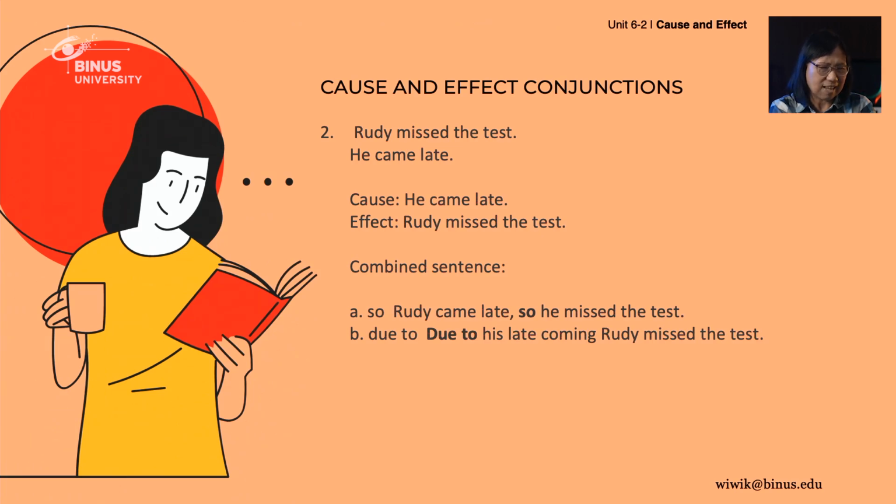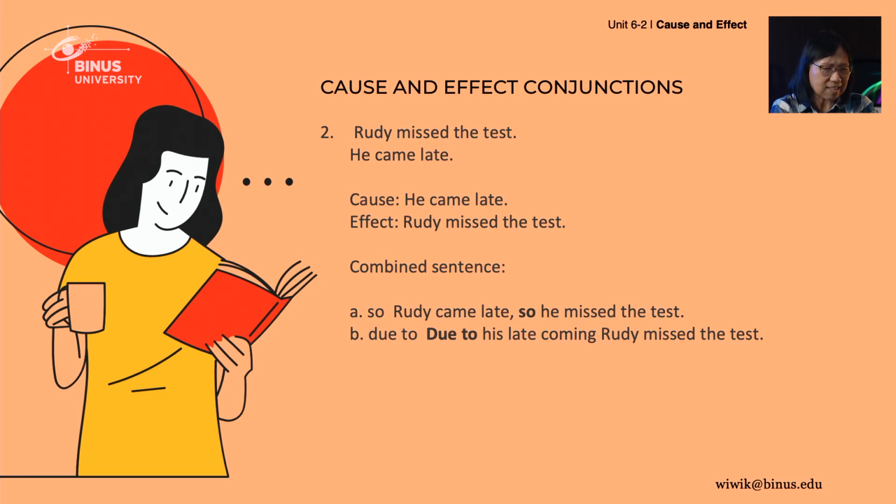Rudy missed the test is the effect, and he came late is the cause. And if you combine the two sentences using so, your sentence becomes, Rudy came late, so he missed the test. Be careful with due to.